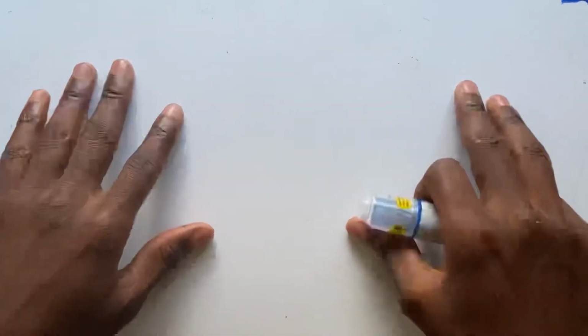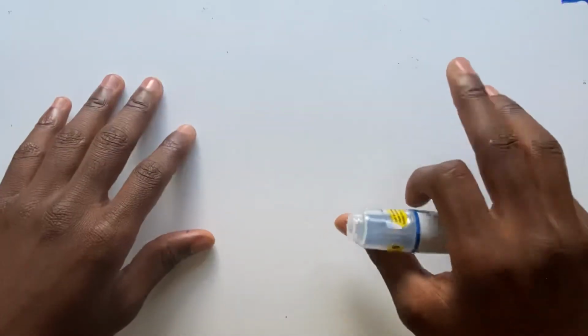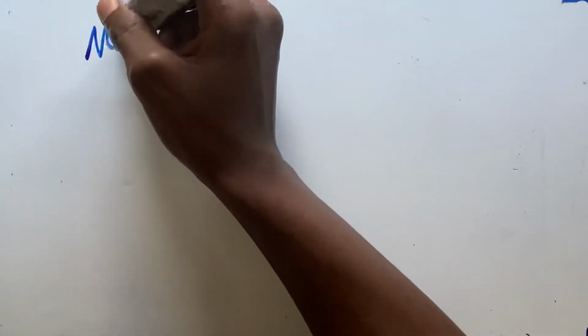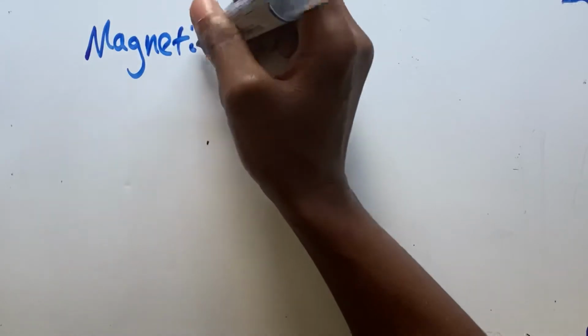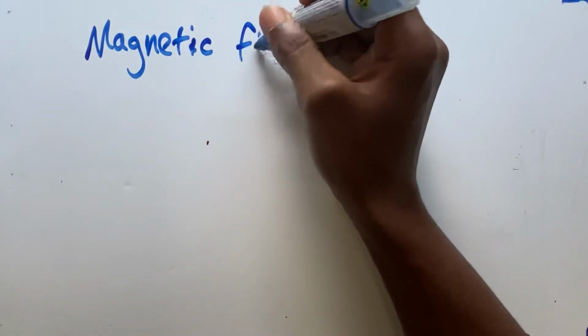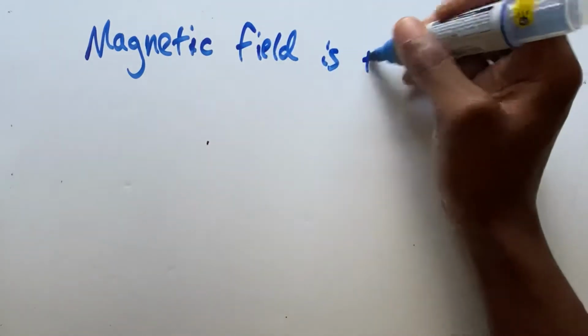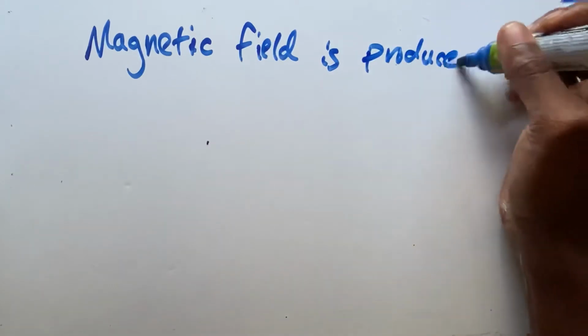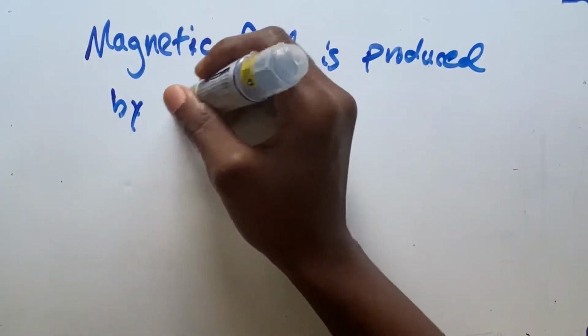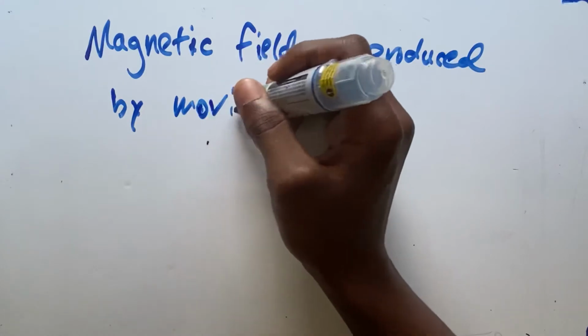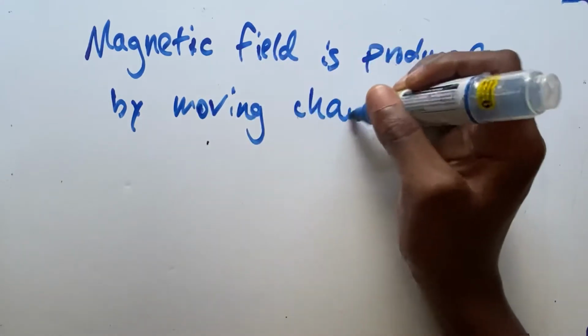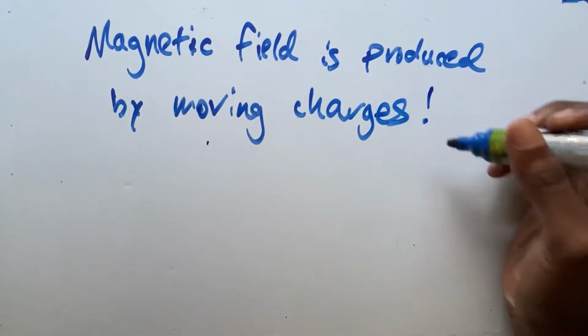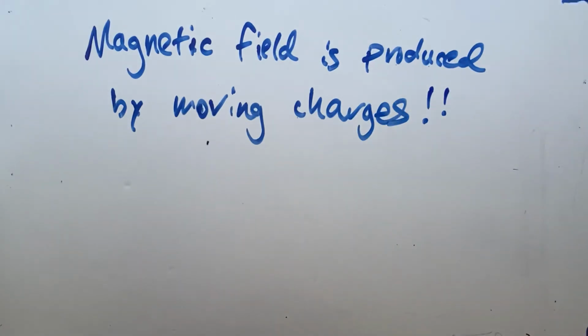Well, another way a magnetic field is produced is by moving charges. Boom.